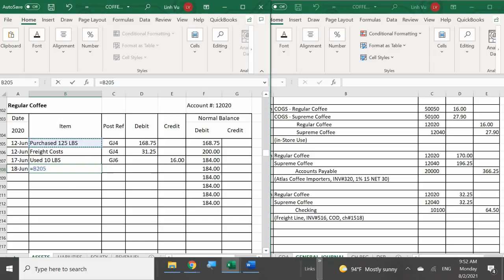First transaction I have here is I purchased 125 pounds of coffee. Still in General Journal 6. And I'm going to debit my account for how much? How much did 125 pounds of regular coffee cost me? $170. 170. Right?